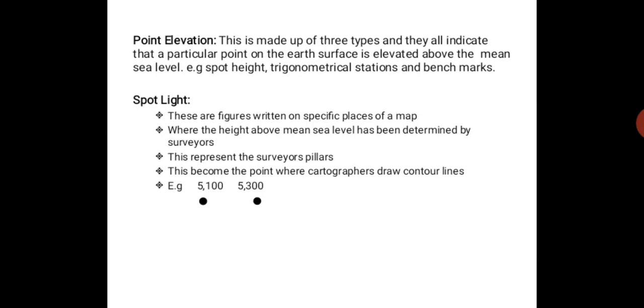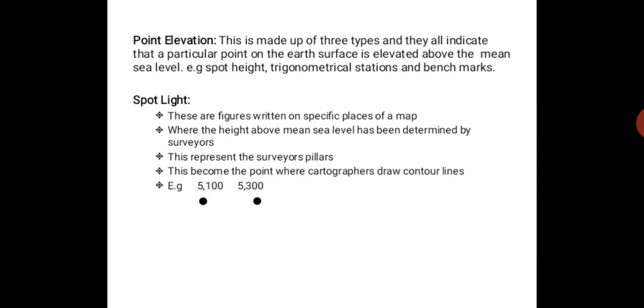I repeat again that they are made up of 3 types. And on the map where point elevation is used, it indicates that a particular point on the Earth's surface is elevated above mean sea level.